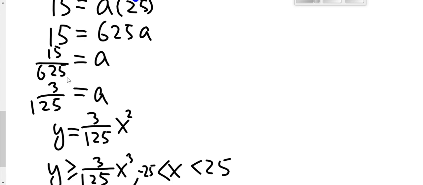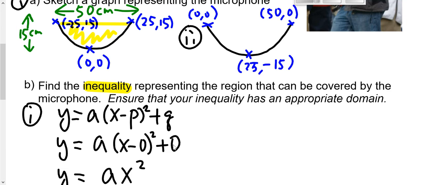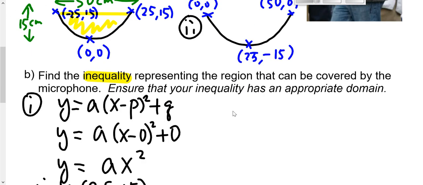So inclusive, including 25 and negative 25. So we are actually done for this question, but for those of you who prefer to use this graph to set up the question, let's finish this.